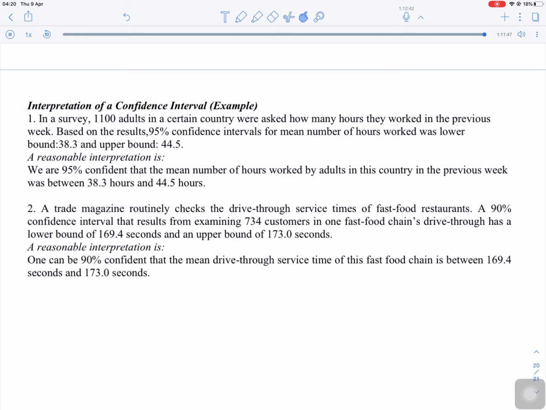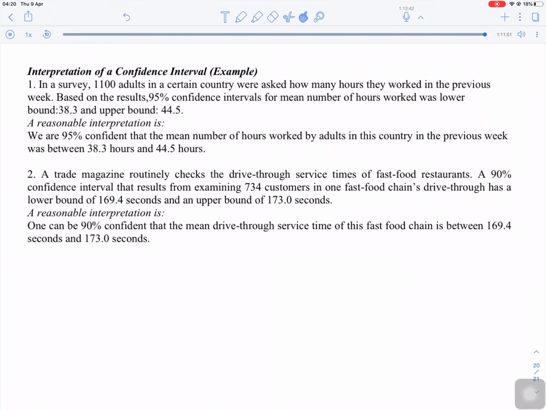Then 2 says a trade magazine routinely checks the drive-through service times of fast food restaurants. A 90% confidence interval that results from examining 734 customers in one fast food chain's drive-through has a lower bound of 169.4 seconds and an upper bound of 173 seconds.